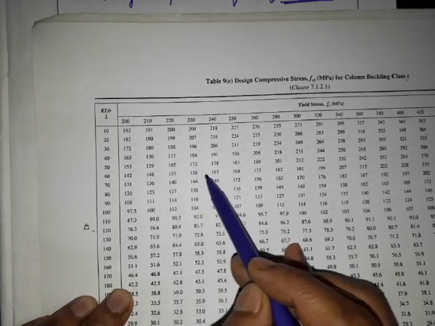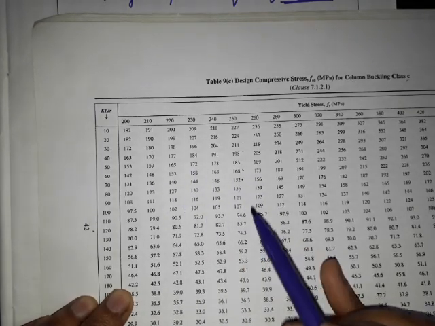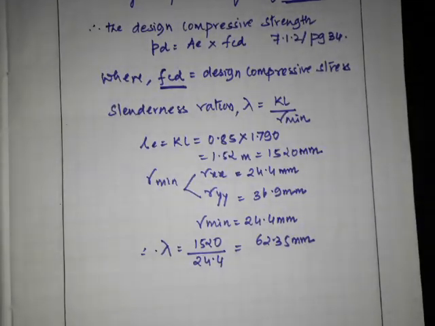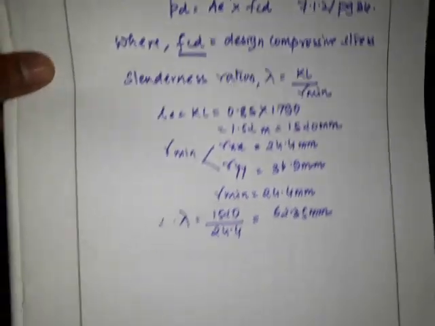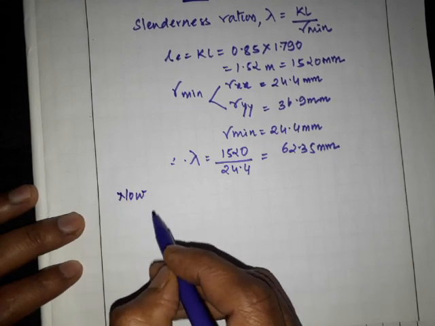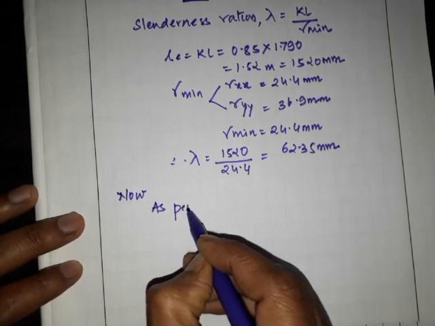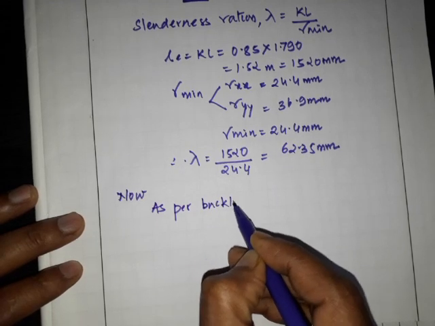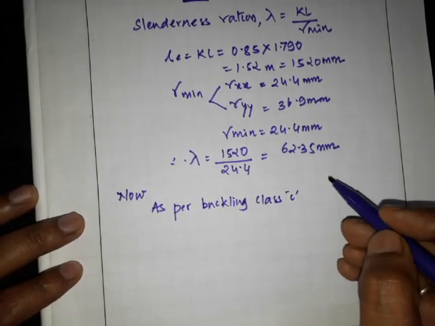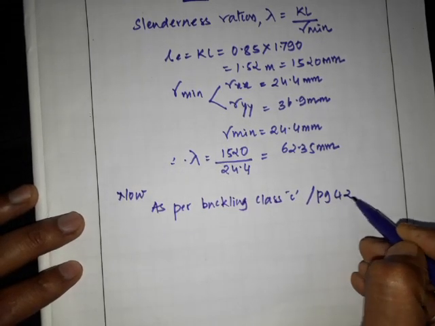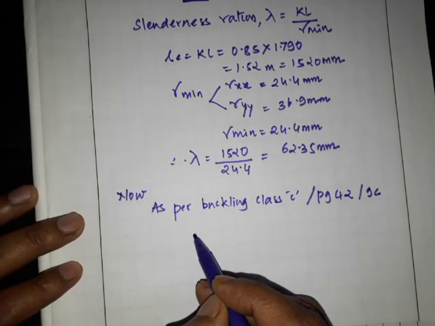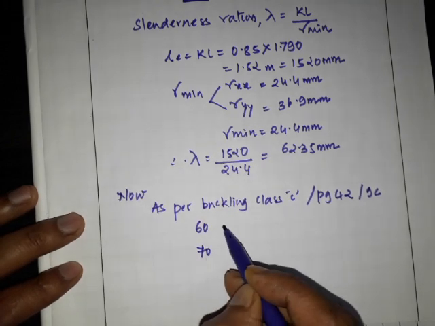That is 168 and 152. You have to interpolate between 168 and 152. I'll show you that. As per buckling class C, page number 42, table number 9C, for lambda 60 and 70 we get FCD.